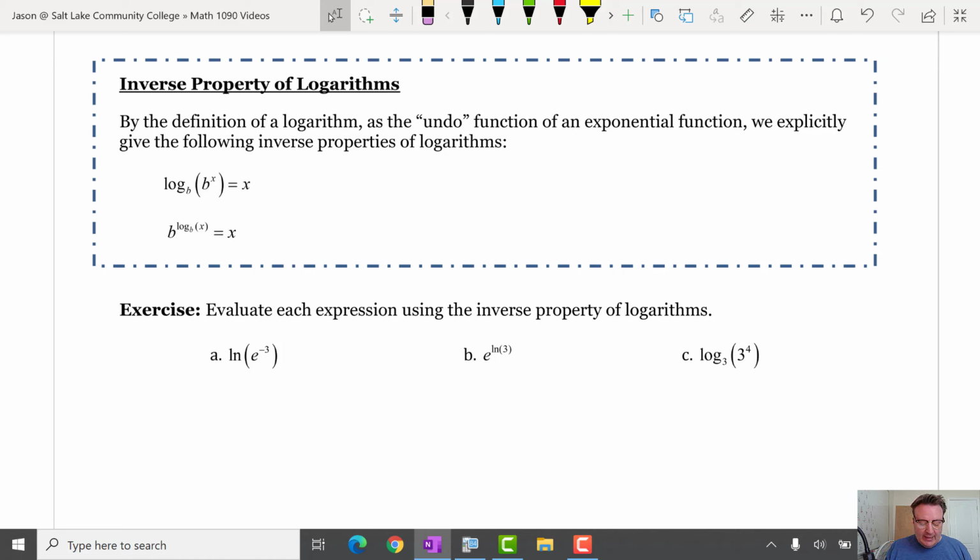And the key idea is, since these two functions are inverses, they undo each other. In other words, when you compose them together, you get the identity function. The identity function is just a fancy name for f of x equals x. So the identity function is just the function that maps its input. The input is the output. They're exactly the same value, okay?